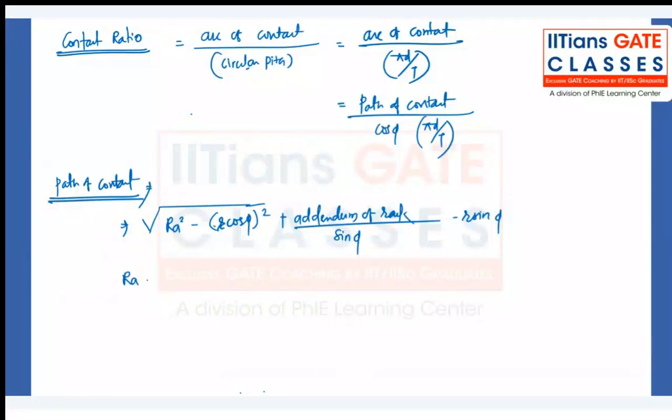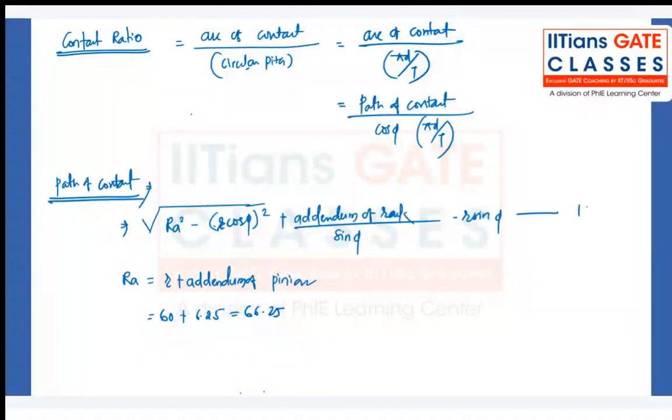So Ra is equal to r plus addendum of pinion, which is 60 plus 6.25, equal to 66.25.